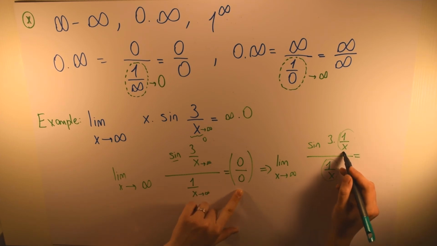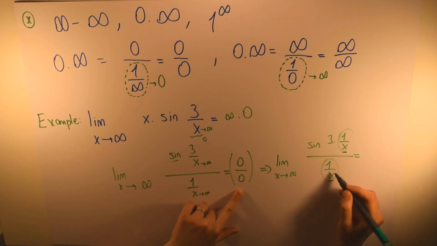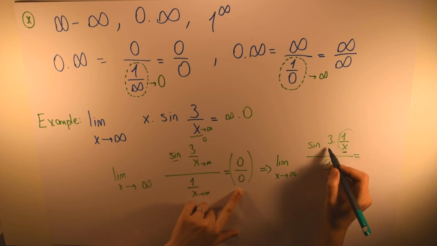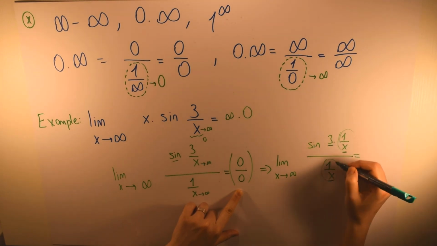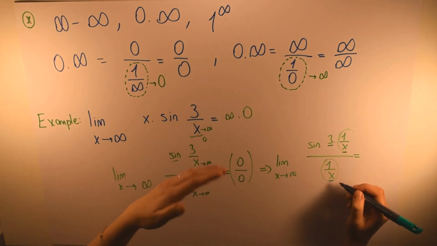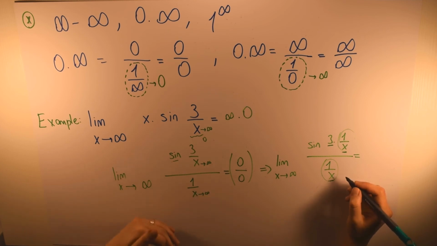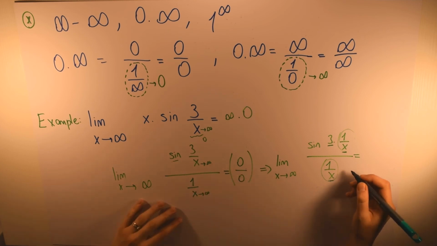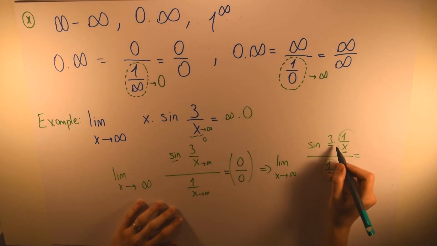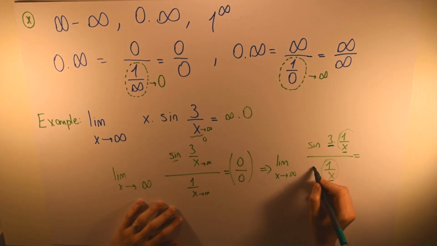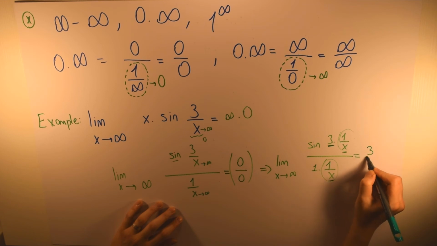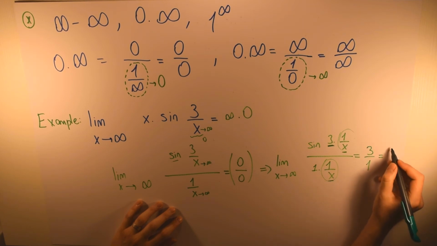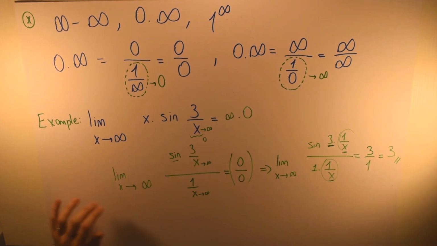So these expressions are equal to each other. So I can take the coefficients of these expressions, I mean, I can take their ratio as the result of our limit, right? This was our rule. Here we have 3 and here we have 1 as our coefficients. So this is equal to 3 over 1, and this is all equal to 3.